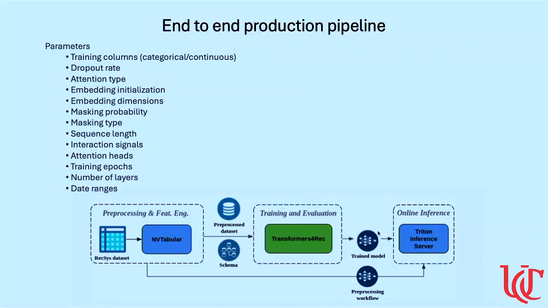Then masking probability. When we went over the masking slide, do you want to mask 3 items? Do you want to mask 4 items? And so on and so forth. The masking type, the sequence length, like how far back do you want to go? Do you want to see the last 20 interactions of the user? Do you want to see the last 10 interactions of the user?